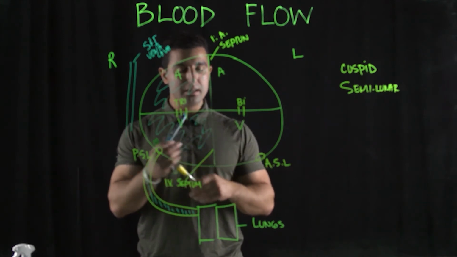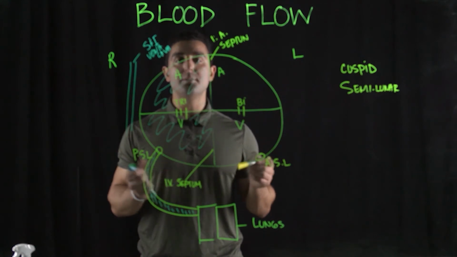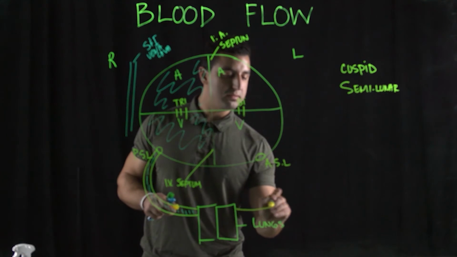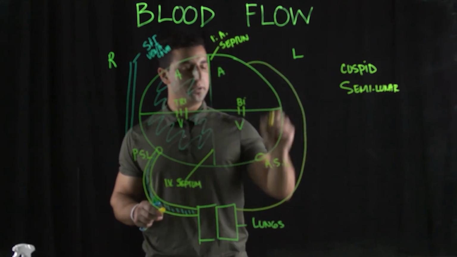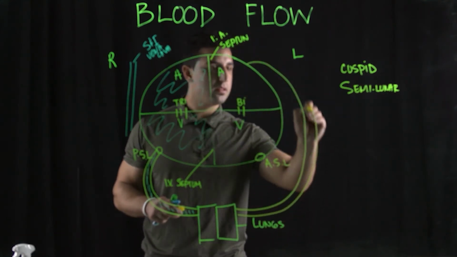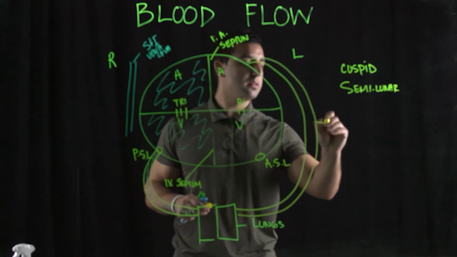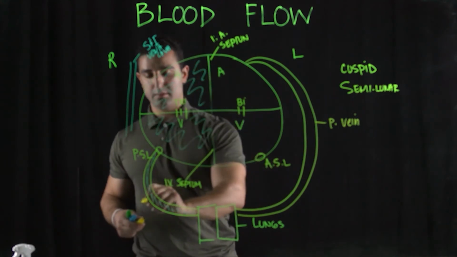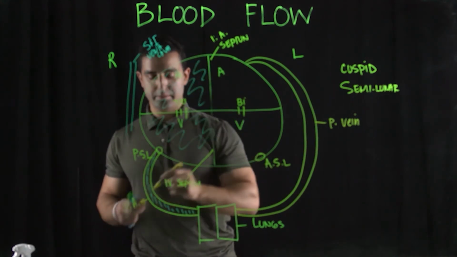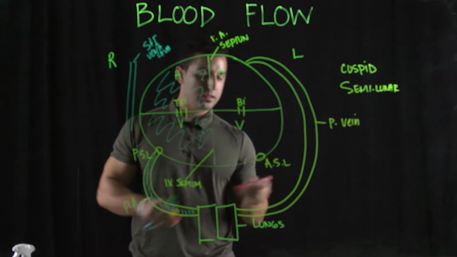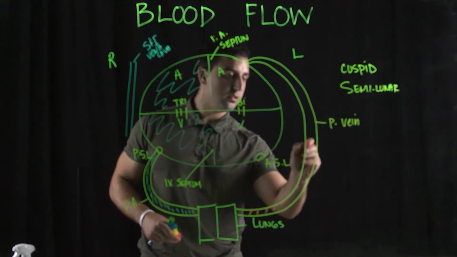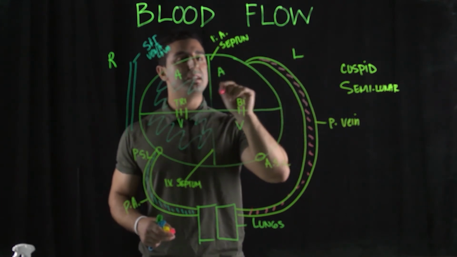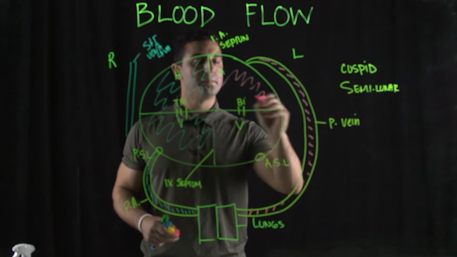So when the blood becomes oxygenated, it leaves through this structure called the pulmonary vein, which brings oxygenated blood and transfers it into the left atrium.